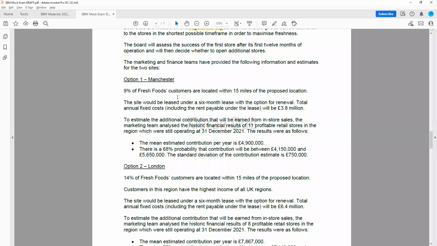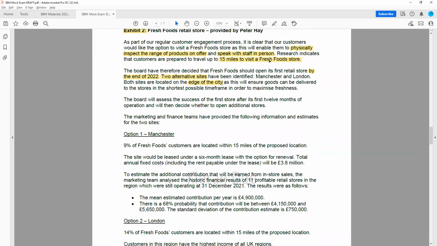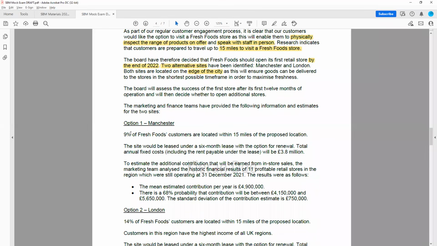So we've got option 1, Manchester. So we're told that 9% of Fresh Foods customers are located within 15 miles of the proposed location. Now we're told that research indicates that customers will travel up to 15 miles. So 9% of Fresh Foods customers would be located within reasonable travel distance of the store, or the distance that they're prepared to travel to get to the store.